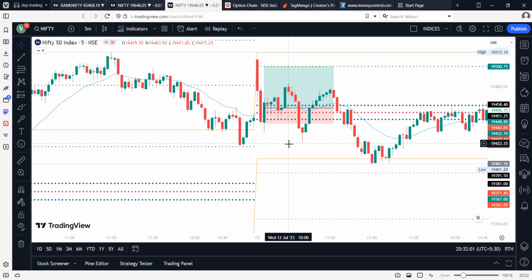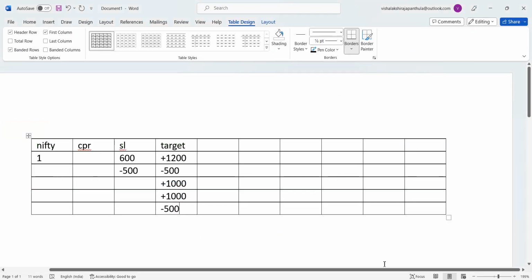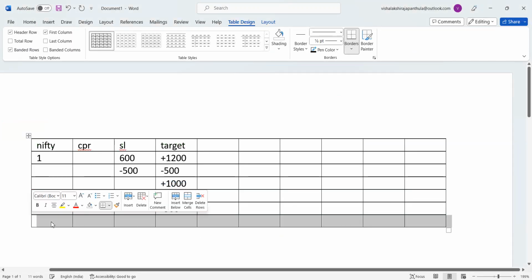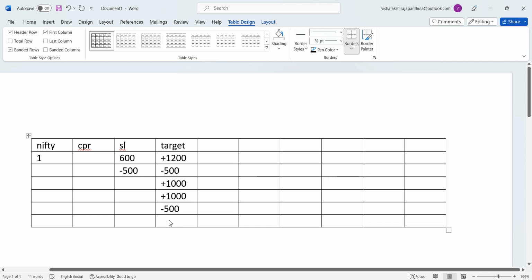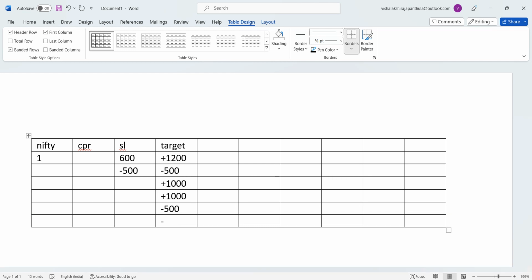Whenever it hits the 40 points mark, just see what the profit is, and if there are chances for the profits to go higher, stay in the market, or if you are a novice trader, just get out of the markets. So on 12th you are having 500 rupees loss, minus 500.